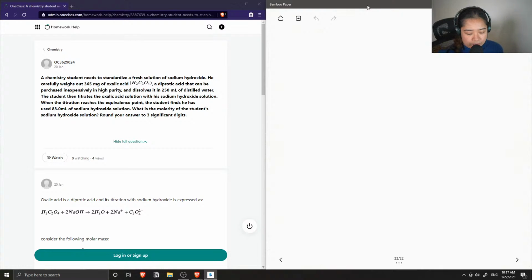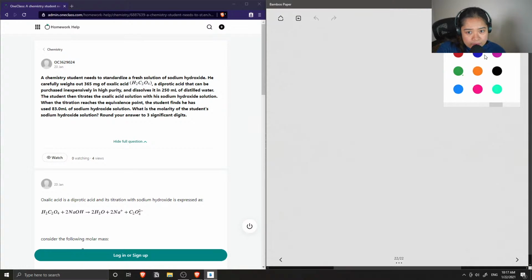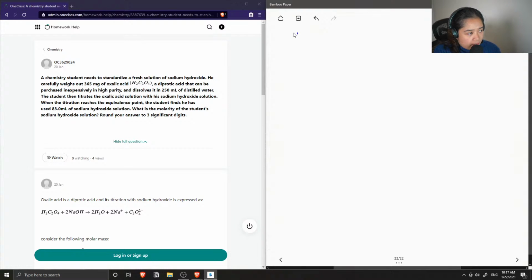Okay, so let's first write out the titration of oxalic acid with sodium hydroxide. They gave us the chemical formula for oxalic acid, which was H2C2O4.